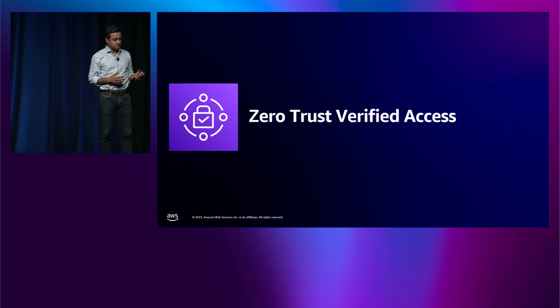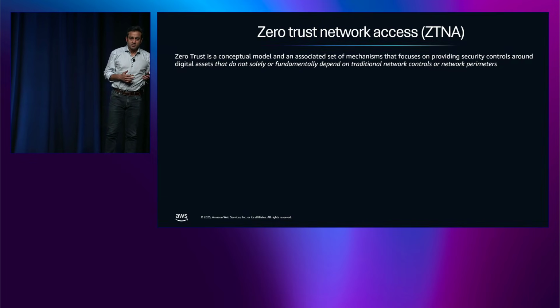Now let's talk about Zero Trust Verified Access, or AVA. We call it AVA. And AVA is built on AWS Zero Trust principles. So let's talk about that, because Zero Trust can mean different things to different folks. So it's important to understand what our perspective is and how we define Zero Trust. From our perspective, Zero Trust is essentially 2 things.